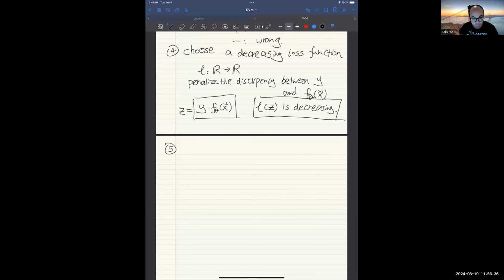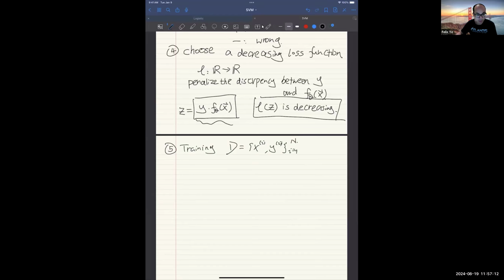So then we're going to actually train it, right? Basically, what we actually input is just y multiplied by f theta of x. So if we have training data D, it's x_i, y_i from 1 to n.